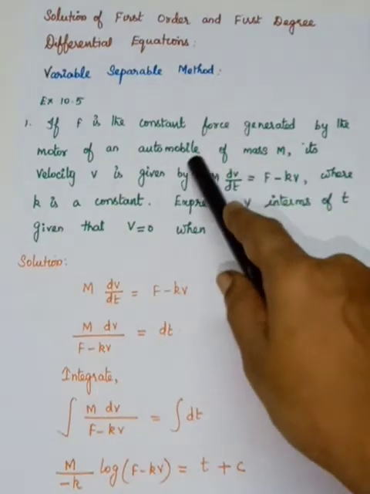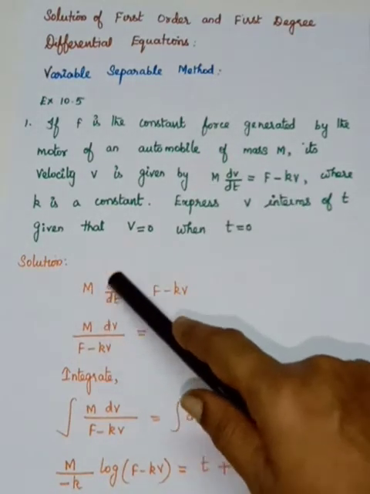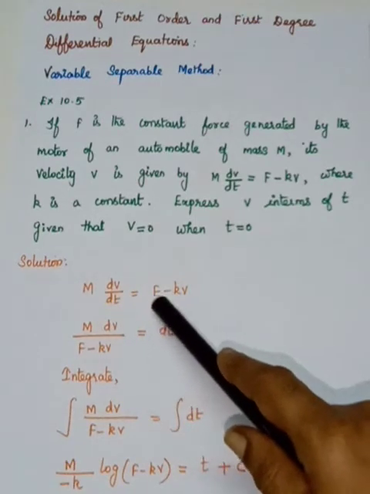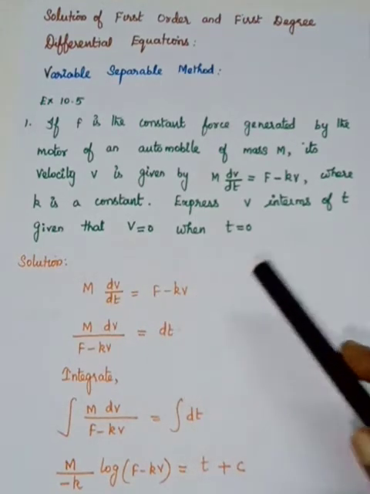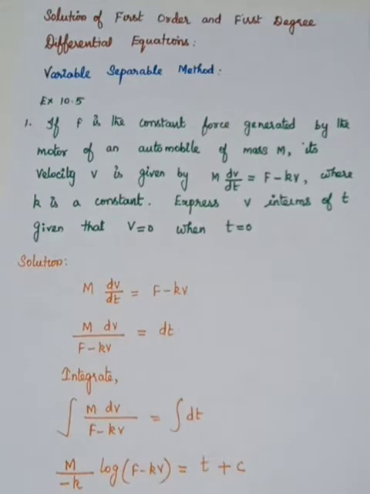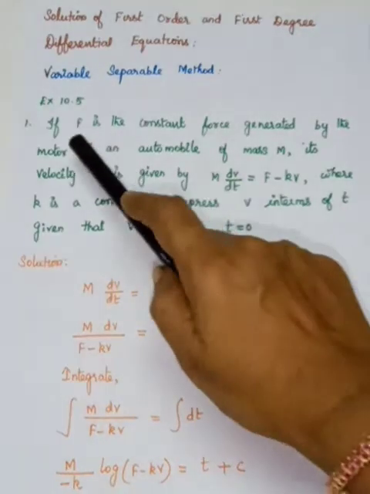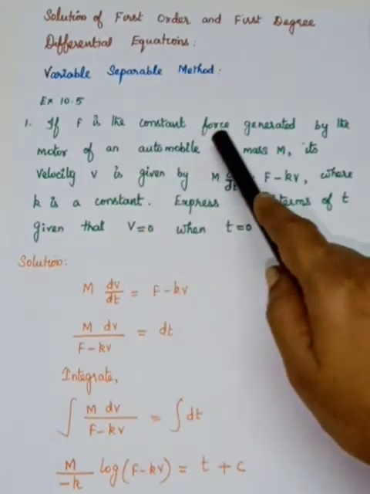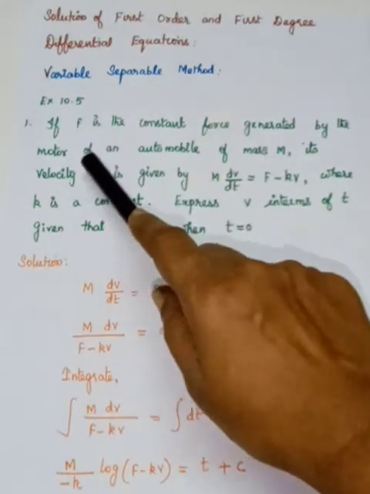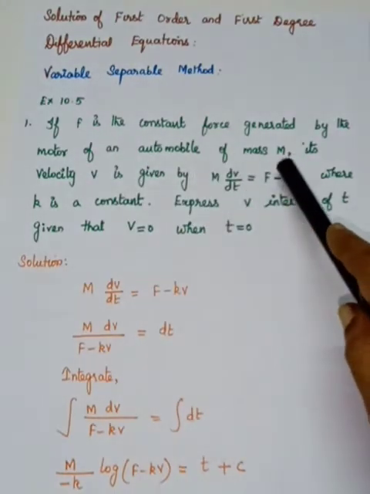So in this, consider the equation m dv by dt is equal to F minus kv. First, we should know what is the dependent variable, what is the independent variable, and what are constants. Here F is the constant force generated by the motor of an automobile of mass m.